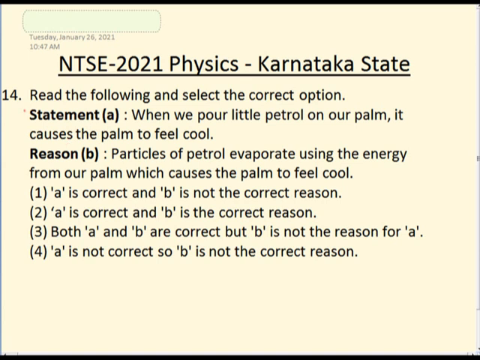We obviously feel cool. Now, particles of petrol evaporate using the energy from our palm, which causes the palm to feel cool. When something is evaporating, it is called volatile, right? So if it is volatile, then it is obviously absorbing heat from our palm. That is why we feel very cool, right?